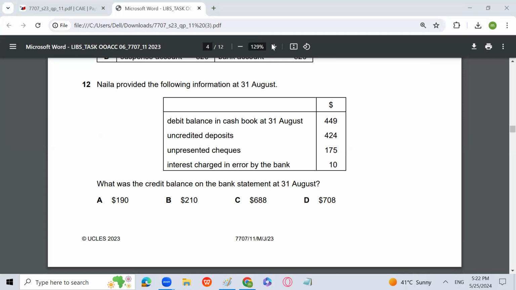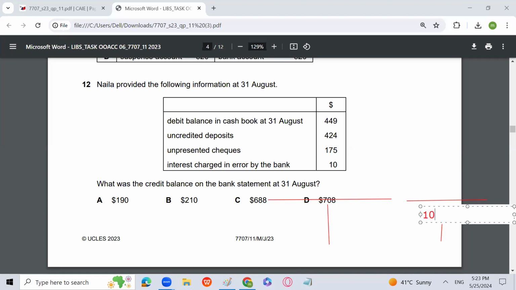Now I am going to explain to you how the interest charge works, because that is creating a problem. Why is it subtracted? Let me make you understand. Interest charged in error by the bank means that it is a payment which is recorded wrongly in the bank on the debit side with an amount of 10.